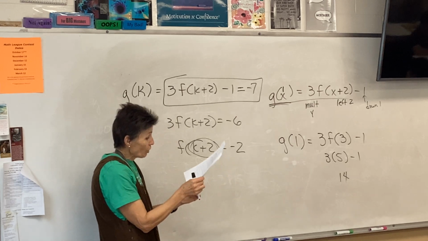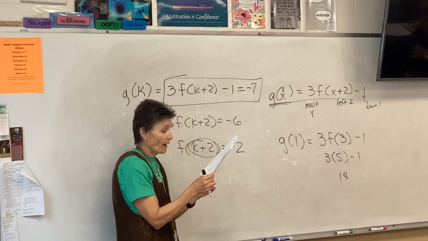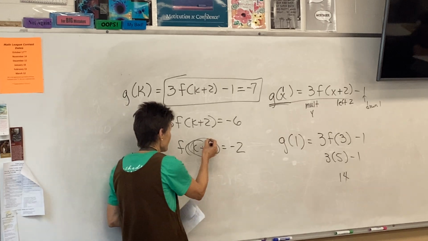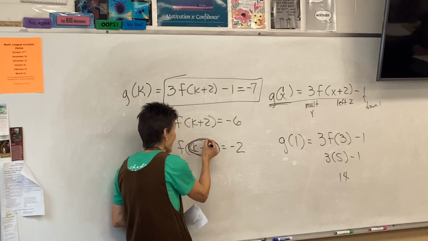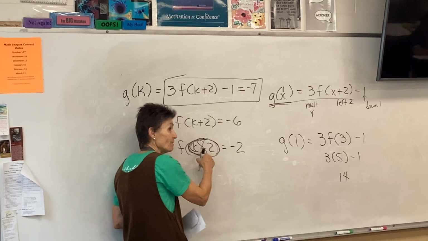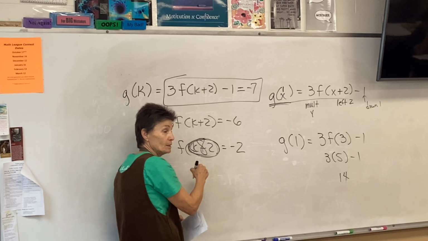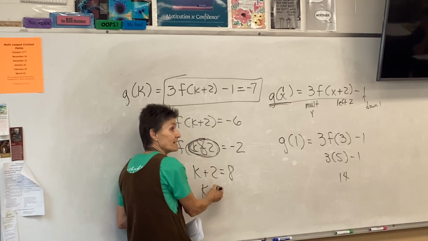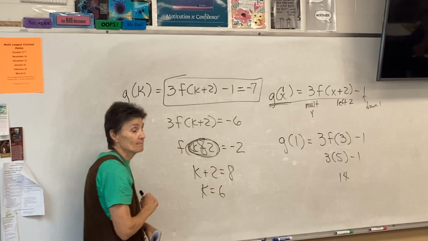So let's look at our chart. F of what is -2? 8. So this has to be 8 because f of 8 is -2. So k plus 2 has to be 8, which means k is 6.